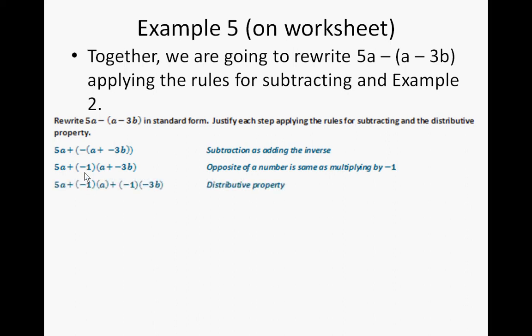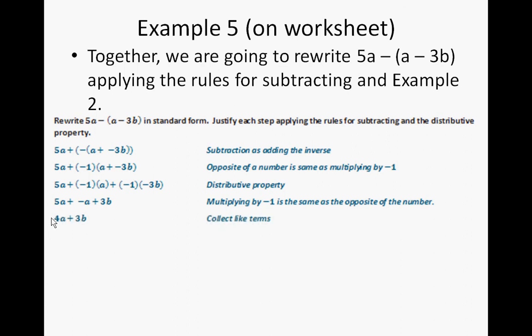So that means we're going to multiply a by negative 1 and negative 3b by negative 1, which is going to be the distributive property. So in that case, the opposite of a is negative a, and the opposite of negative 3b is positive 3b. And this is the same as multiplying by negative 1, and that is the same as taking the opposite of a number.